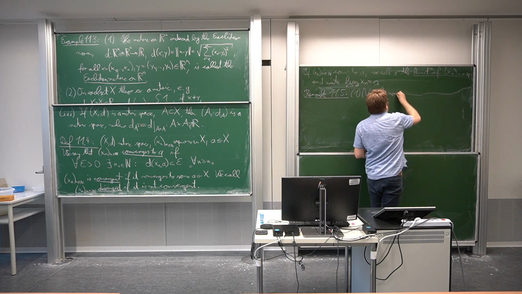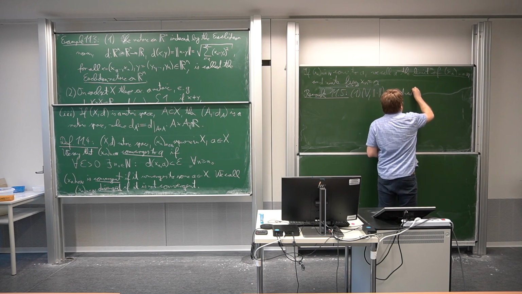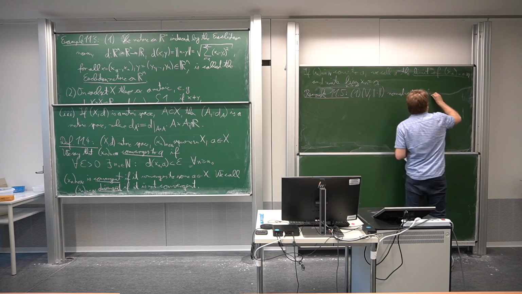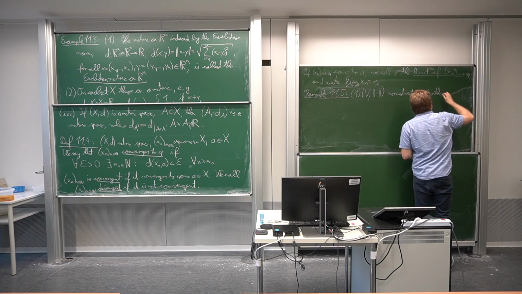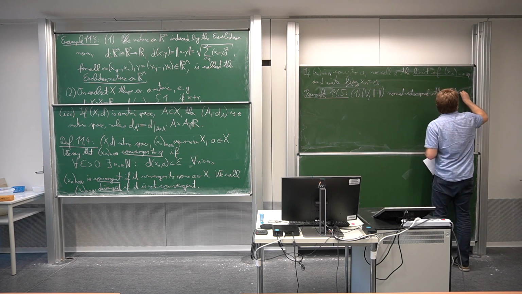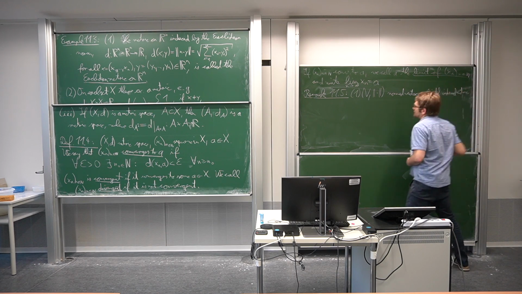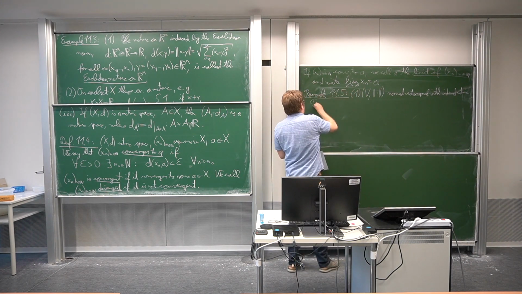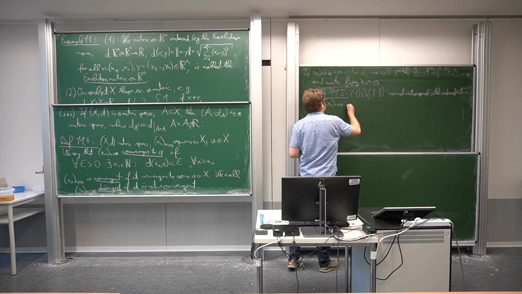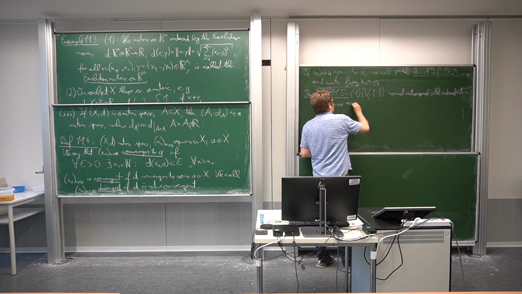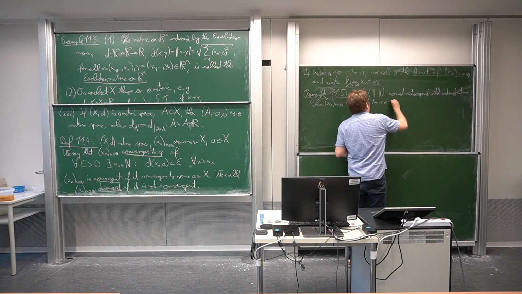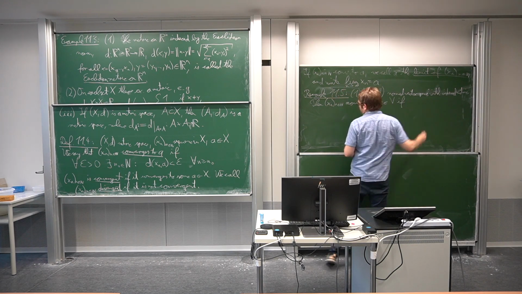If V is a normed vector space, which we consider as a metric space with the induced metric, then a sequence xn, n in N, which is now a sequence in V, converges to some A in V if the following holds.